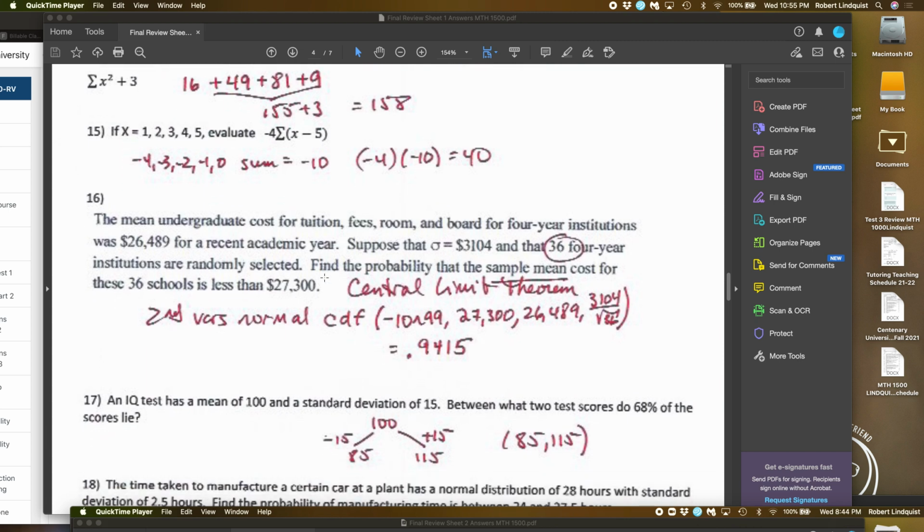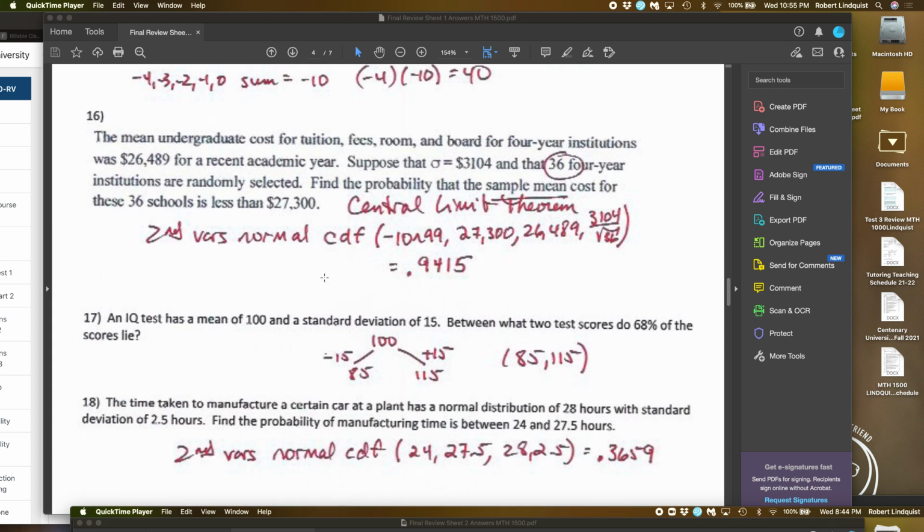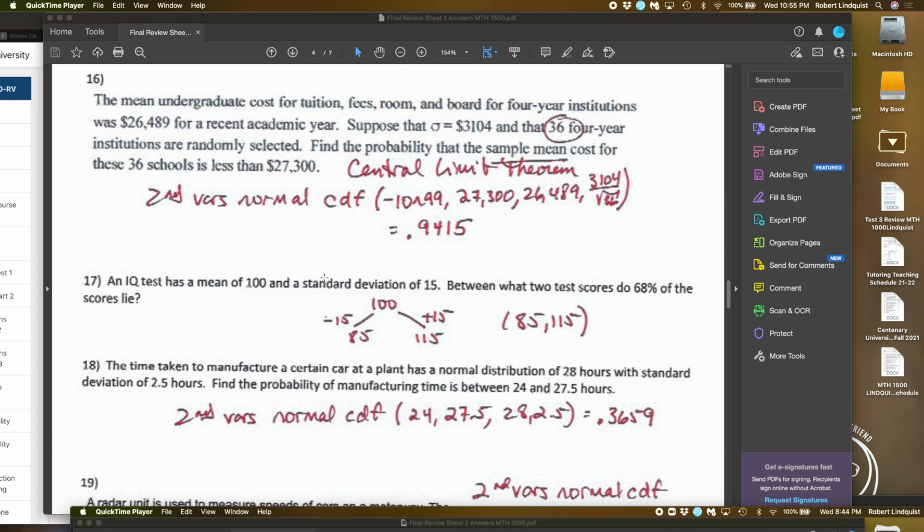Okay, number 16. The mean undergraduate cost for tuition, fees, room, board, 4-year institution. Find probability sample mean. That's big. So you've got a normal curve, a sample size, and a sample mean. So we're talking central limit theorem here, okay? So we're going to go 2nd Vars, normal CDF.